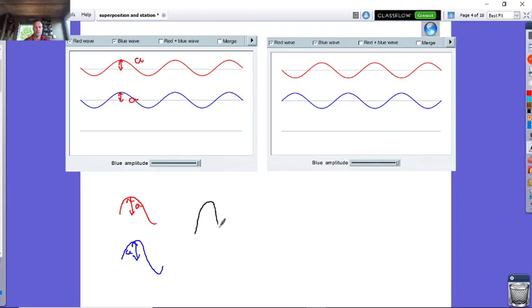You get a new wave coming out, and its amplitude is going to be 2A. And this happens when the two waves are in phase.